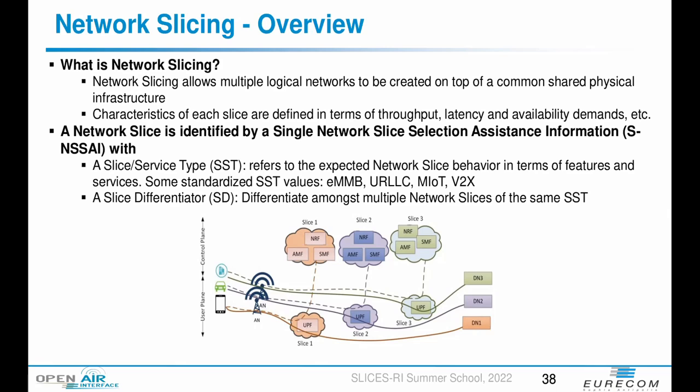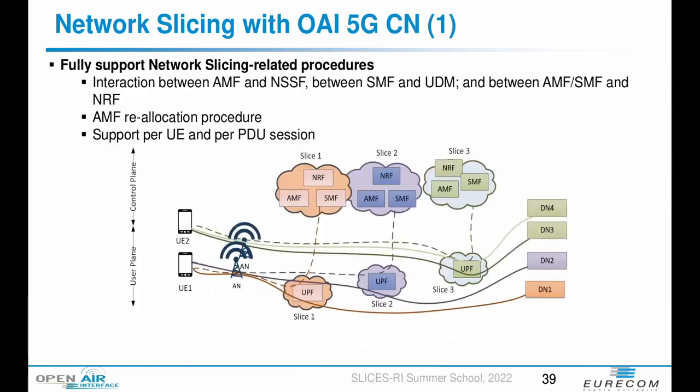And now let's go to OAI and how OAI can support network slicing. First, we have the network slice selection function, NSSF, and then we also support the interaction between the AMF and NSSF, the interaction between SMF and UDM, AMF and SMF. You can find this in the next slide. And we also rely on the AMF reallocation procedure.